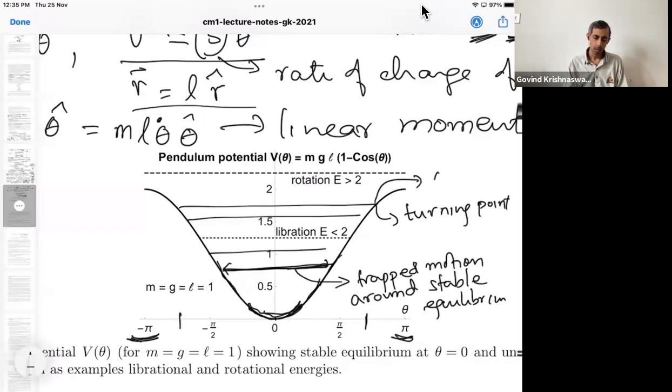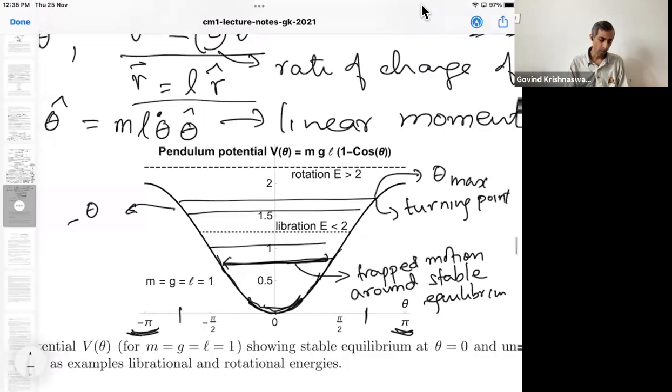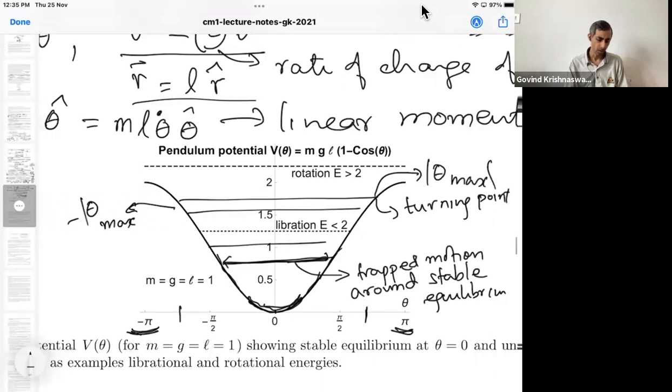So this is theta max, and this is minus theta max, where I assume theta max is some positive angle. This is an oscillation between turning points, and this kind of oscillation is called libration.